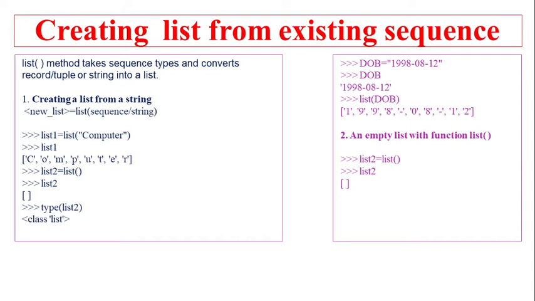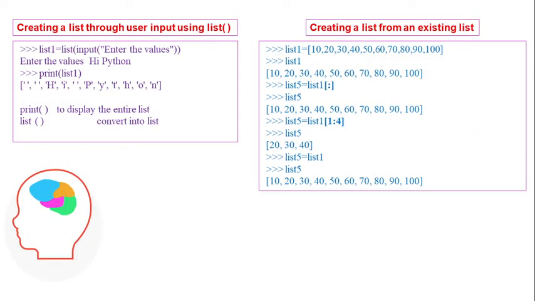We have already done that. Example, list2 equal to list() without any parameter. So list2 prints nothing. Only square brackets, so it's an empty list. Then we have creating a list through user input using the list function. Meaning along with the input function, we are applying the list function.